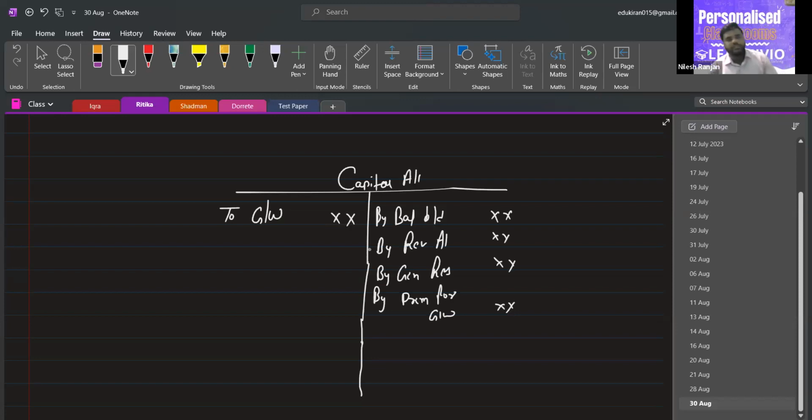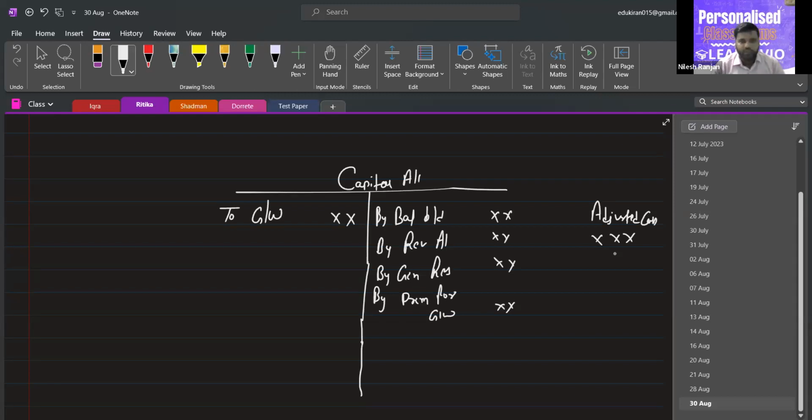After writing all the adjustments required in the capital account, we can calculate the balance, but we don't write it here. We add these items, deduct the items on the debit side and write the amount outside the capital account. Whatever the balance is, this is your adjusted capital. You understood how to calculate adjusted capital?